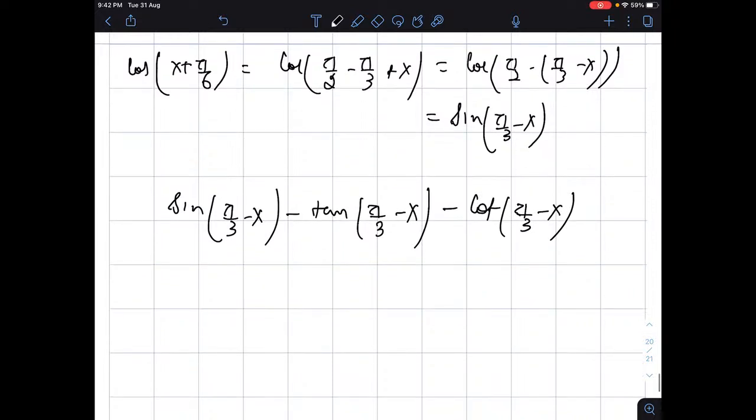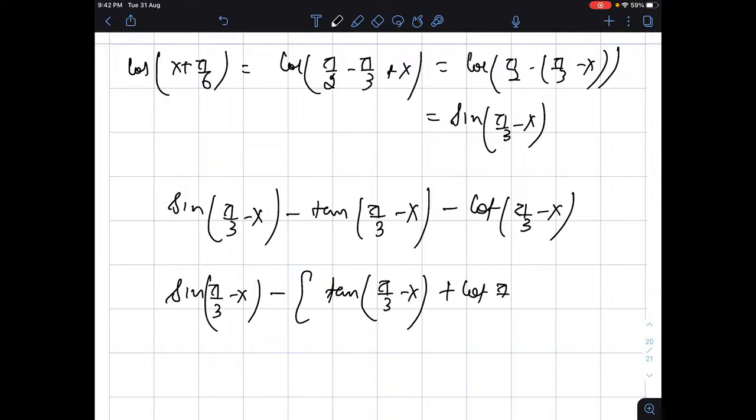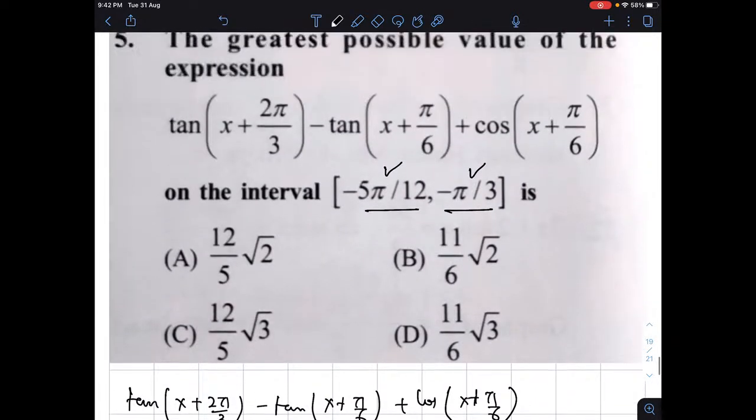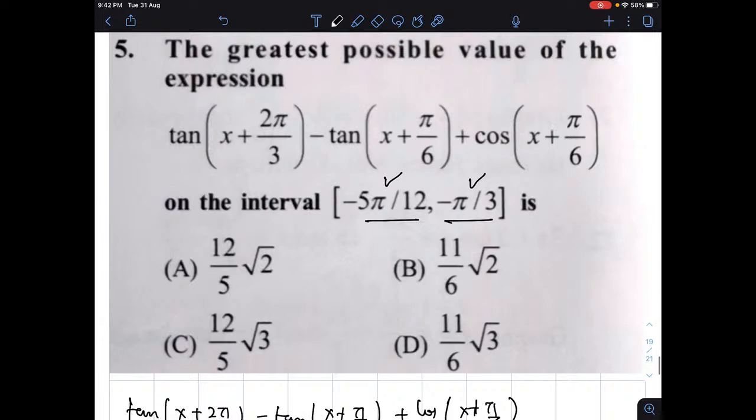Now proceeding further, guys, we'll write it like sine of pi by 3 minus x outside the bracket. Then minus can be taken common by us: tan of pi by 3 minus x plus cot of pi by 3 minus x. And guys, you might already remember what has been asked to us: the greatest possible value of the expression.